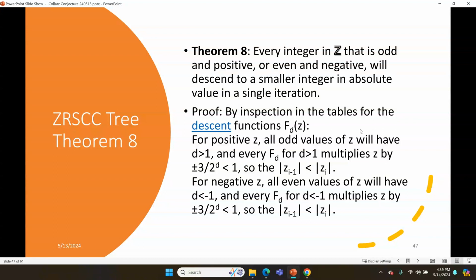And for negative Z descent functions, d less than minus 1, the same holds true. The multiplier is 3 over 2 to the d, and d is greater than 1, so that's 3/4 or smaller, so therefore the absolute value also decreases. So that proves theorem 8.